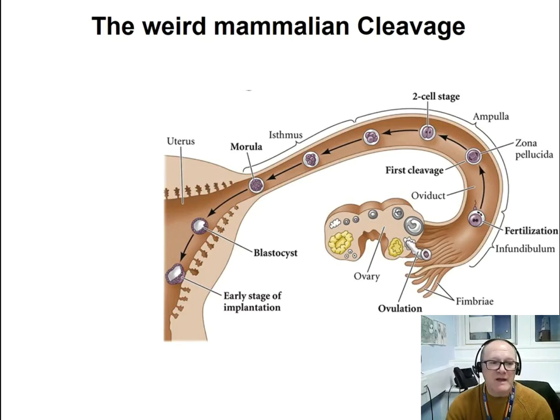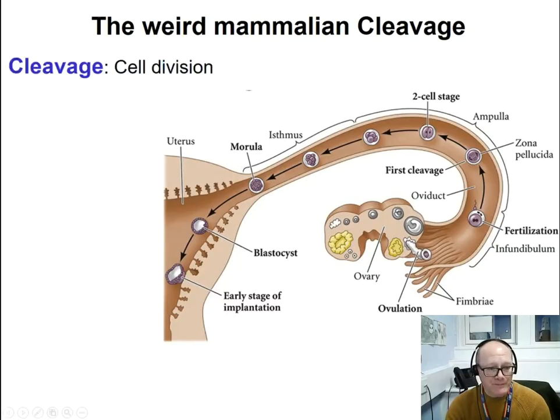So remember that fertilization happens very high in the ampulla, and then the embryo starts to move down the ampulla toward the isthmus and toward the uterus.